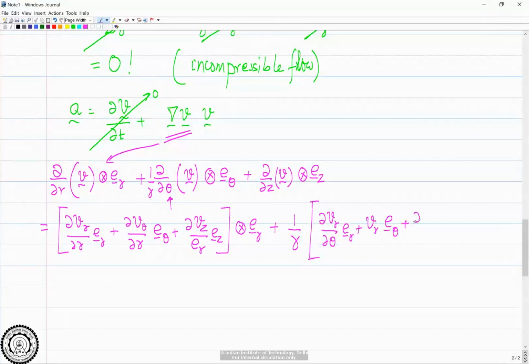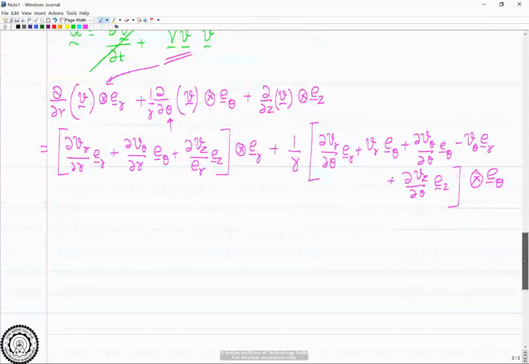Then V theta E theta, you have del V theta by del theta E theta minus V theta Er, and then del Vz by del theta Ez, and I have to do tensor product with E theta.